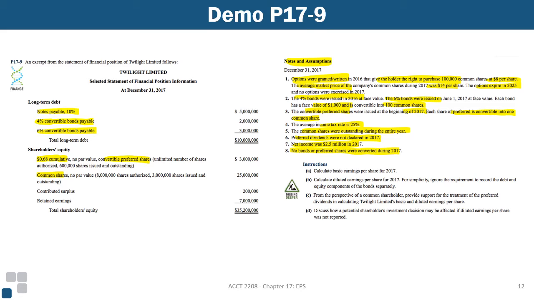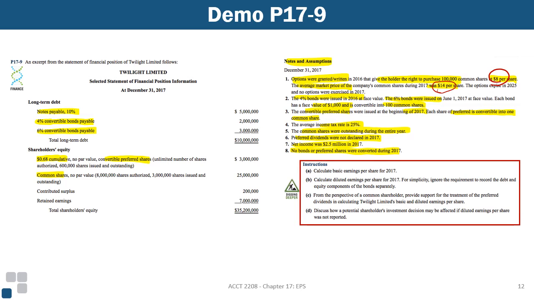In terms of why this information is important, let's see. The $8 per share, sorry, I have to re-highlight that. Go with my pen. The $8 per share versus the $14 per share will help us determine that the shares are in the money, right? In the money, because the strike price is less than the market price, so they are dilutive, right, to be in the money.